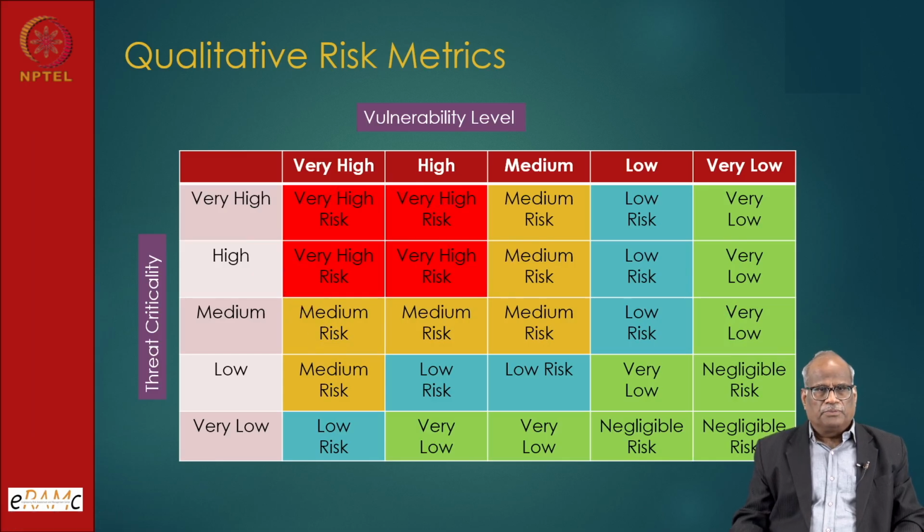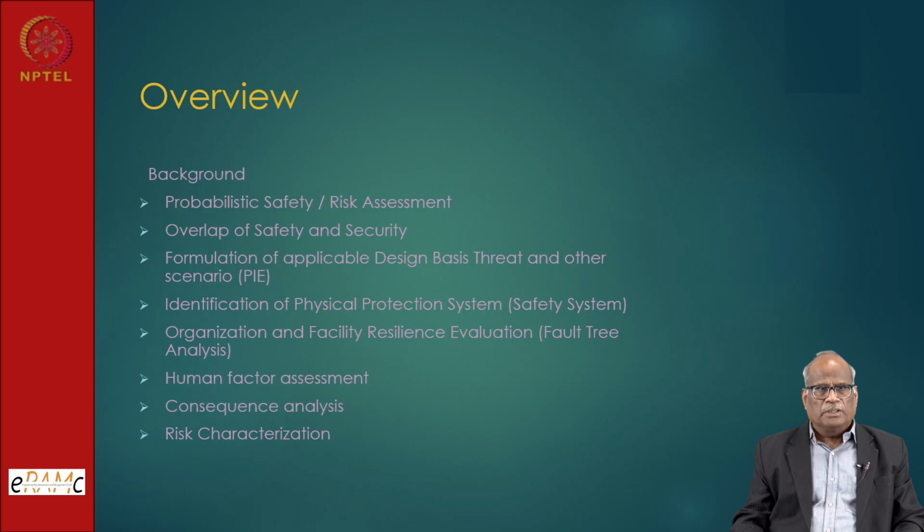So with this overview, we saw probabilistic safety and risk assessment, and then the overlap of safety and security. We formulated the postulated initiating event and postulated threat also. Postulated initiating event was for safety, and postulated threat was for security.